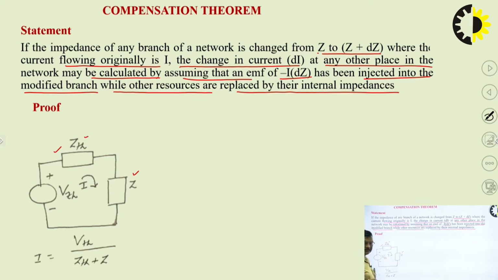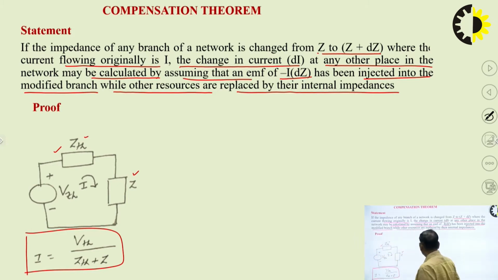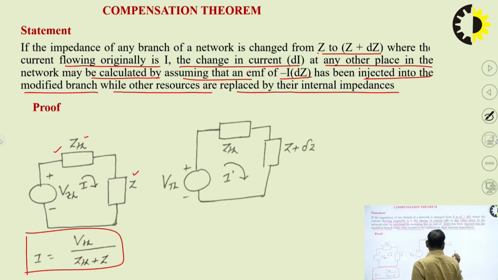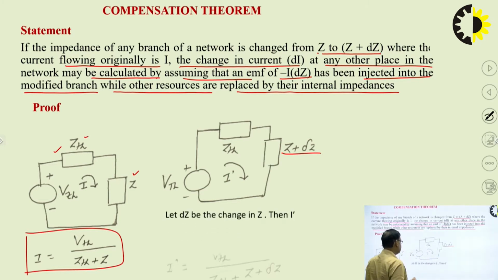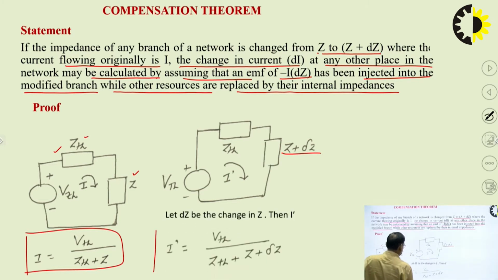Now we draw the modified circuit where the change has taken place. The impedance of this branch is changed from Z to Z plus delta Z, so we find the current I dash.